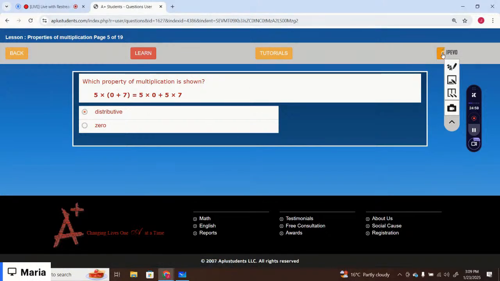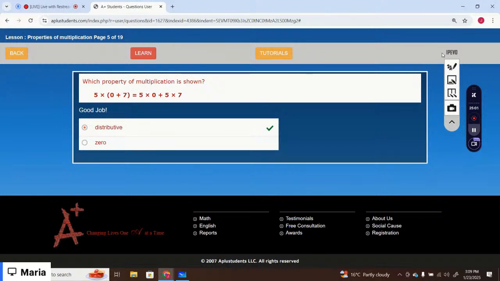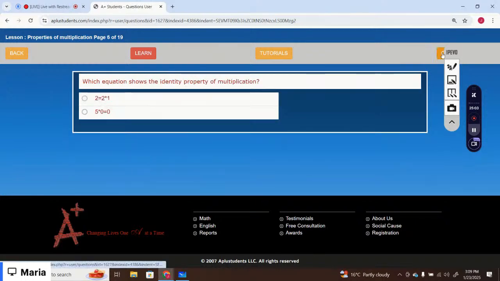Option number 1 is the correct option. Which equation shows the identity property of multiplication?